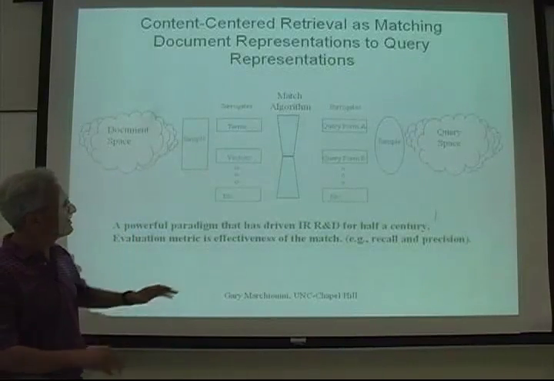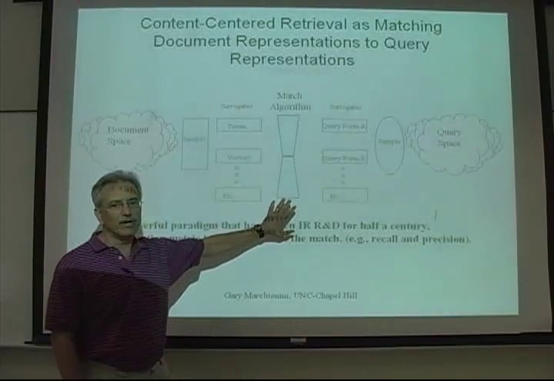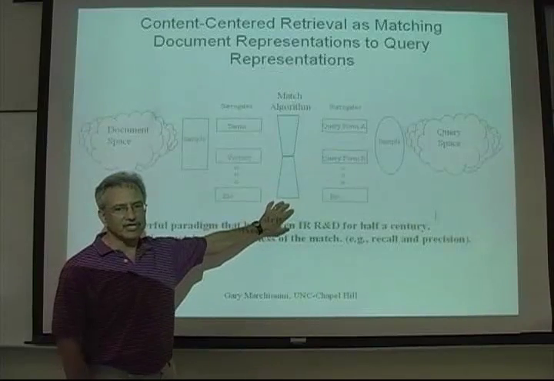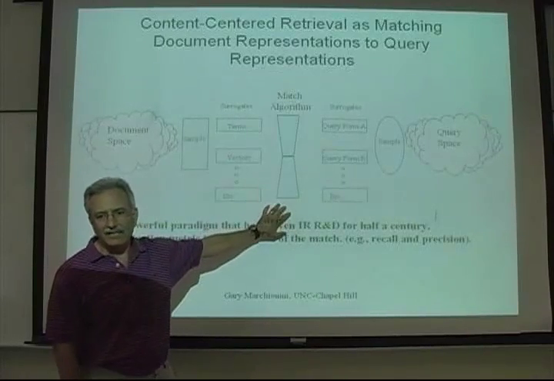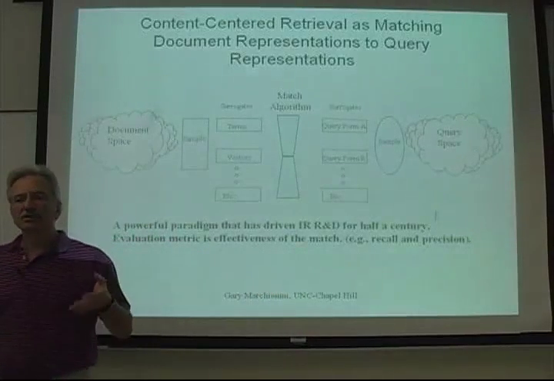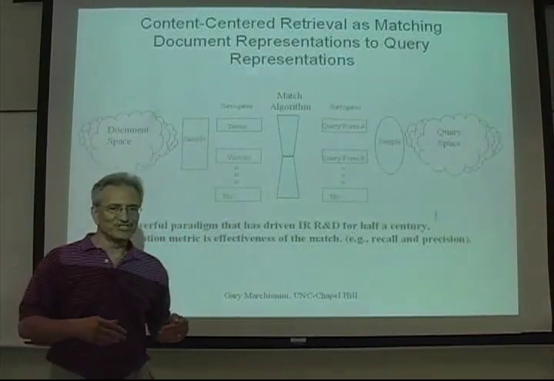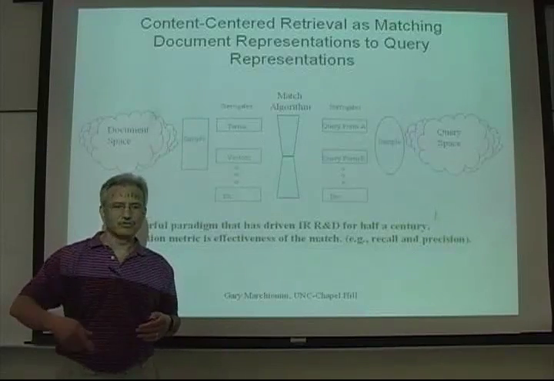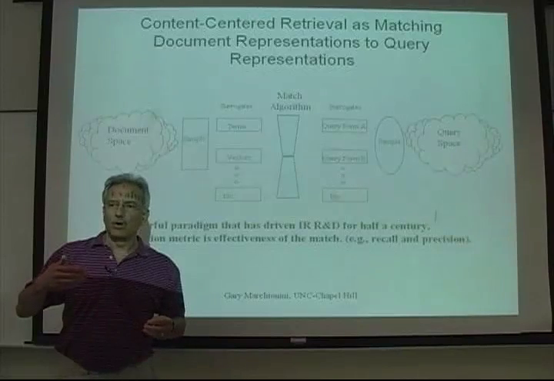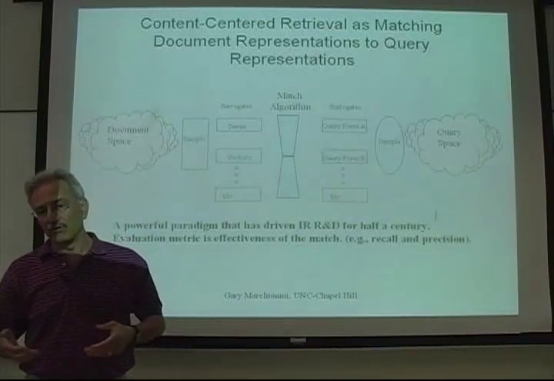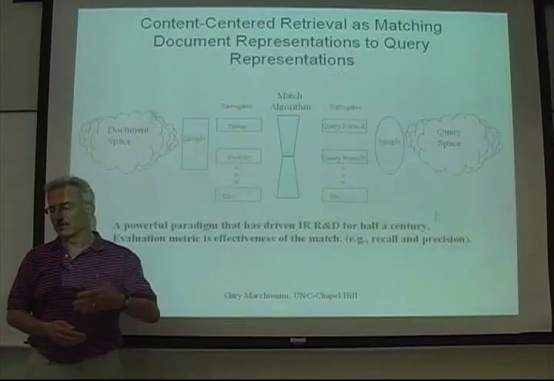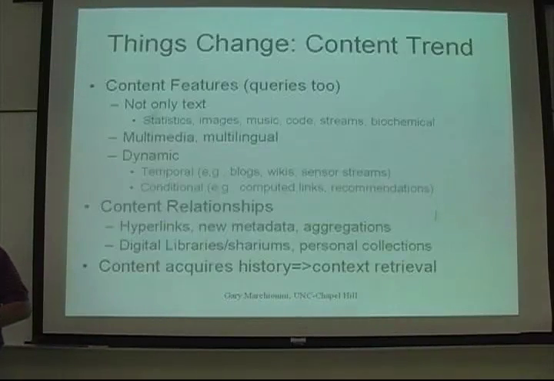And the claim is that this has gotten us to a point where we've been able to create powerful search engines for known item kinds of queries that work fairly well. The challenge from my point of view is getting us beyond that to the more exploratory, more ongoing, more learning type of queries that are not just posed at one time, but are complicated and take place over a very long period of time.